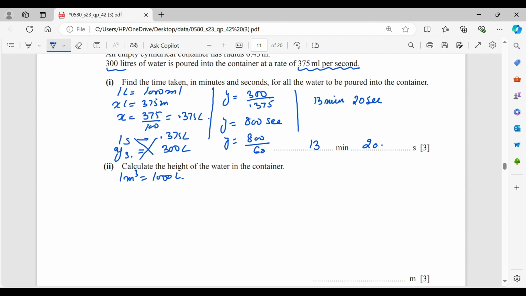Now 300 liter volume is given, 300 liter of water. Let's take it p. So we will cross multiply. P will be equal to 300 divided by 1000, which is equal to 0.3 meter cube. So this will be our volume.